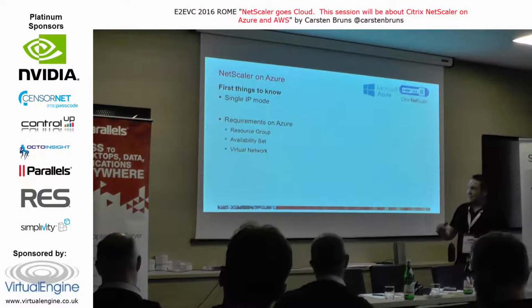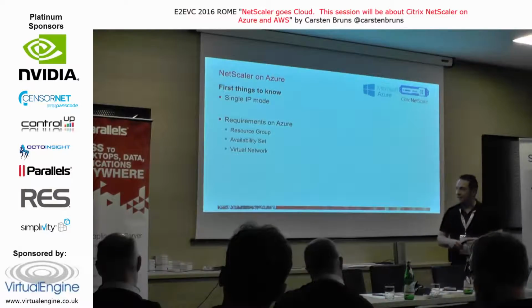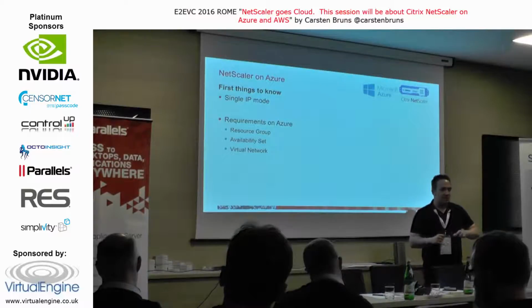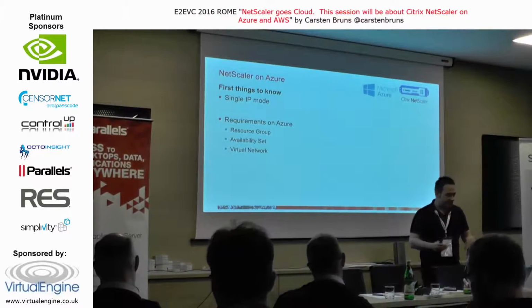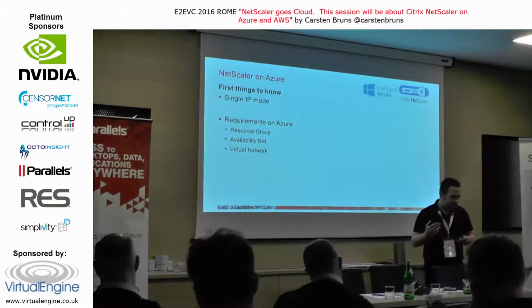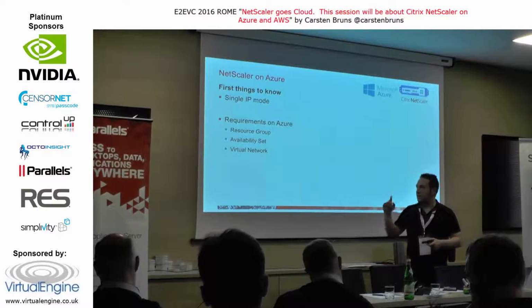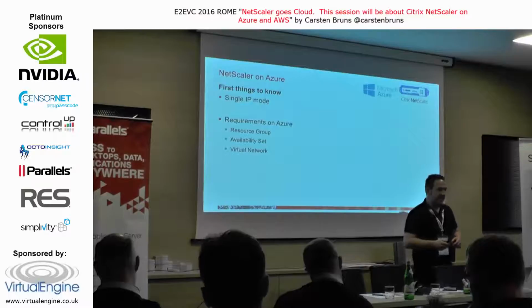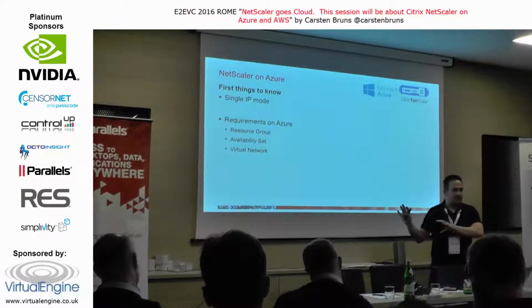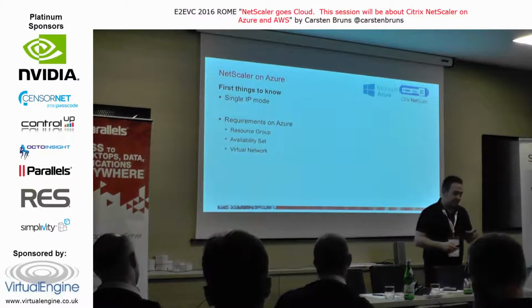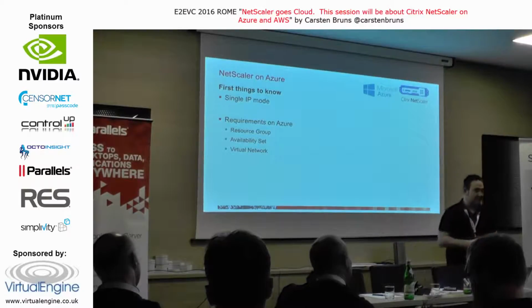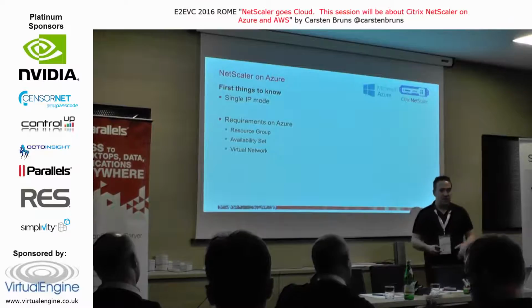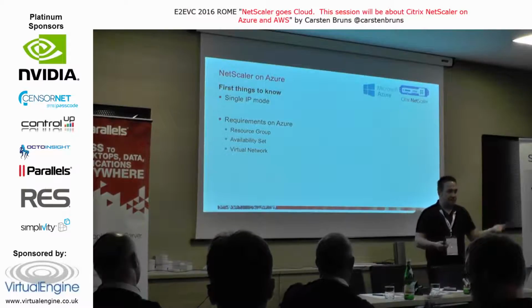If you want to set up something highly available or scalable, you need an availability set. I will show it later, but just remember, you need this one. And you need, of course, a virtual network where you can connect your NetScaler.